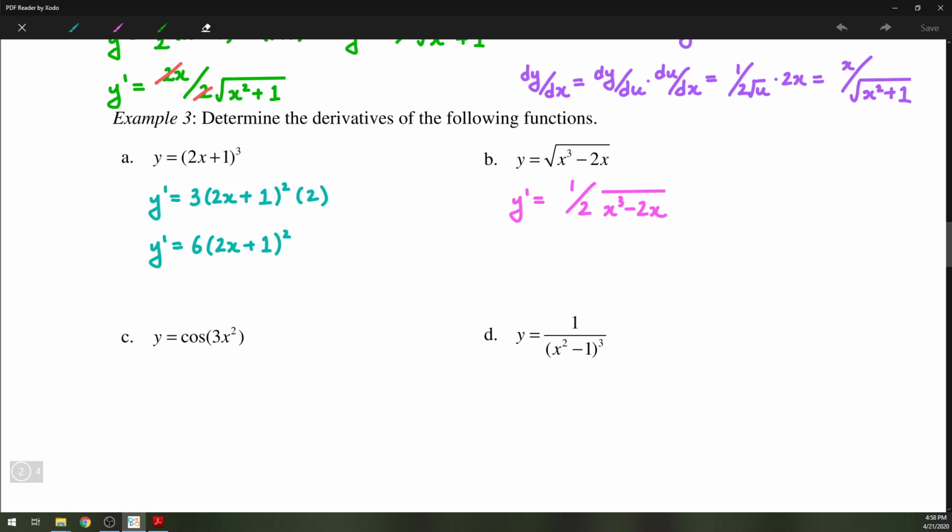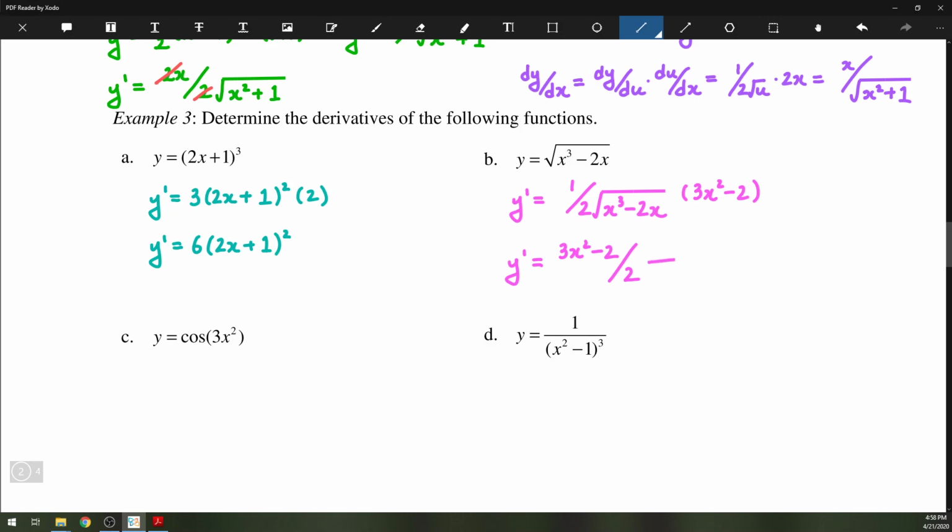And then the derivative of the inner function will give us 3x squared minus 2. So that's really easy to combine together. We'll just have 3x squared minus 2 all over 2 times the square root of x cubed minus 2x.